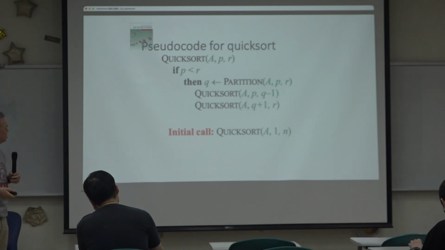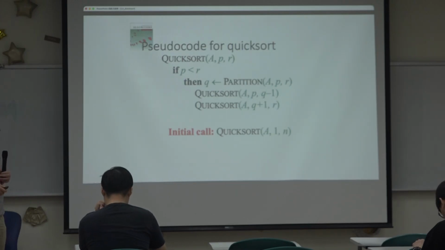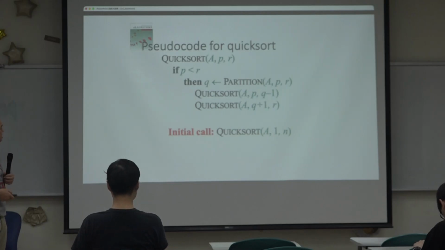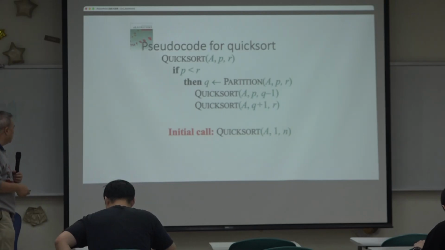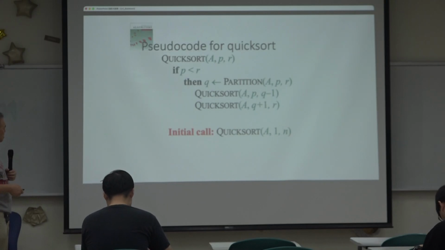Or put it another way, how the pivot partitions the array into two parts, how these two parts look, is an important factor for this quicksort performance.